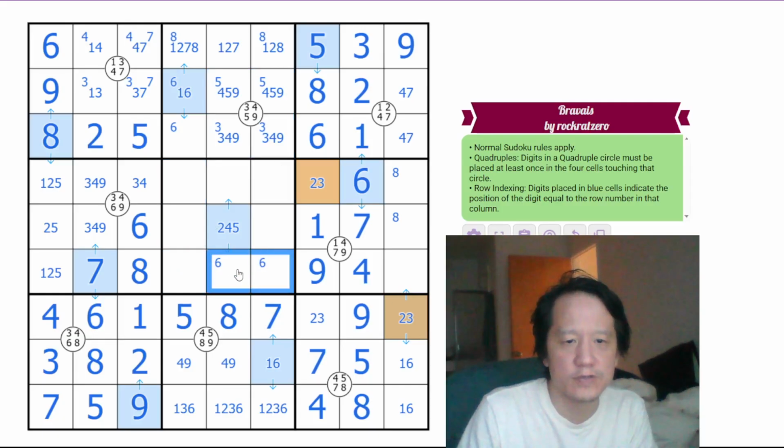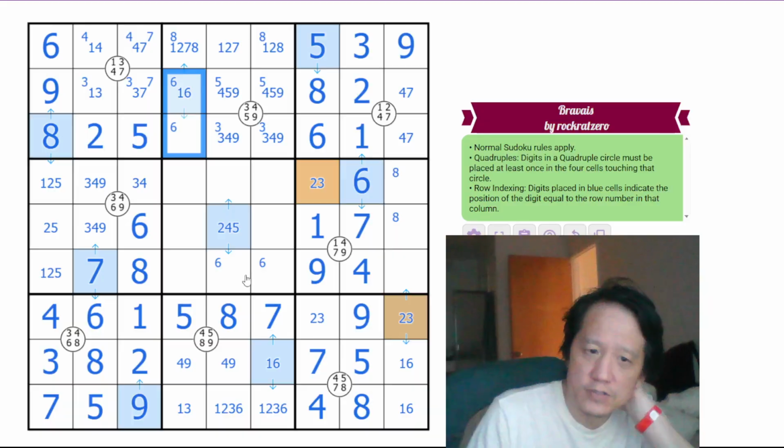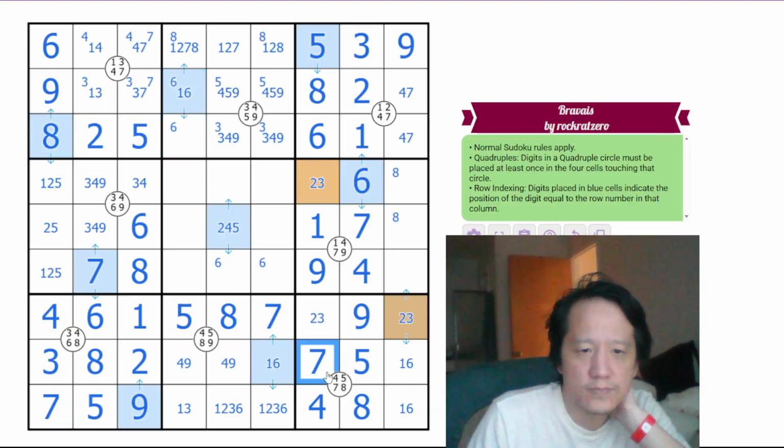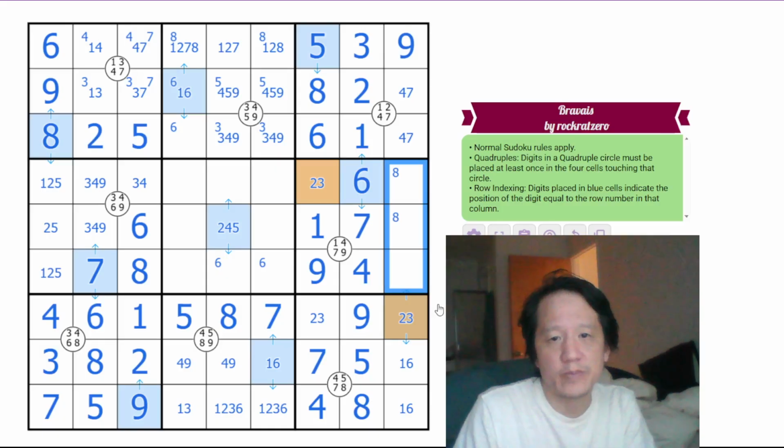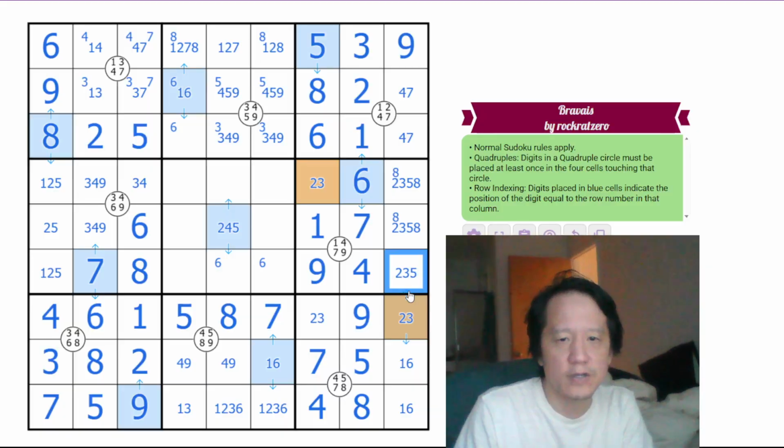So 6 is one of these two. This can't be 6 either because one of these is 6. Remaining digits here in column 9 are 5, 8 with 2 or 3. This can't be 8 because of the 8 in the row.